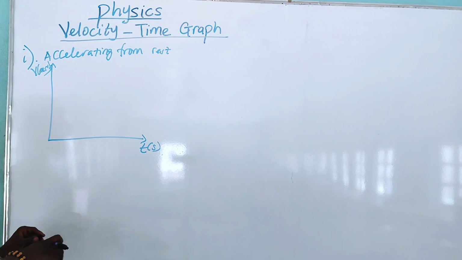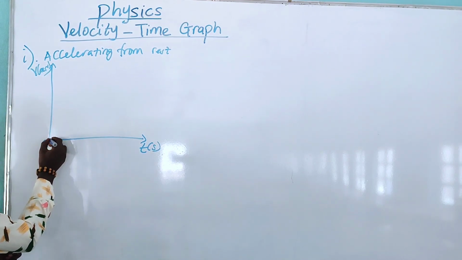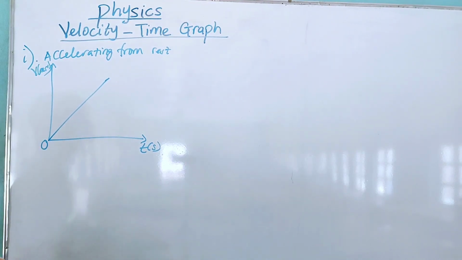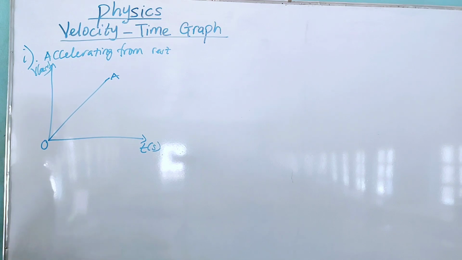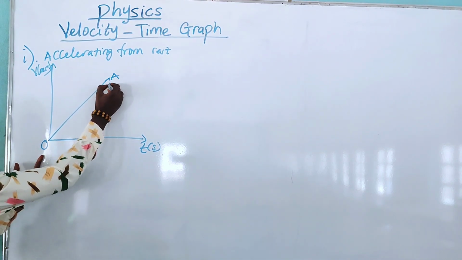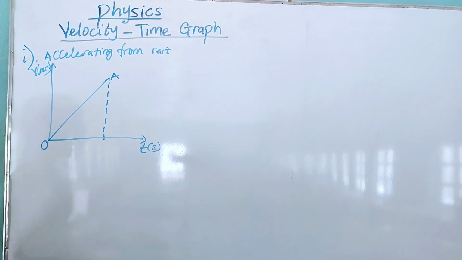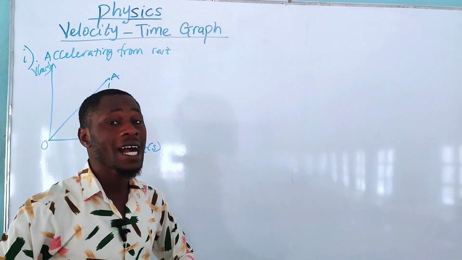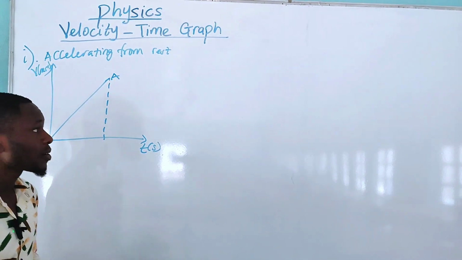When the body is accelerating from rest, the initial velocity is 0. Let's say this point is point A. So the acceleration of the body is the same thing as the slope or the gradient of line OA. That gives us the acceleration. Anytime a body is accelerating from rest, this becomes the format of the graph.